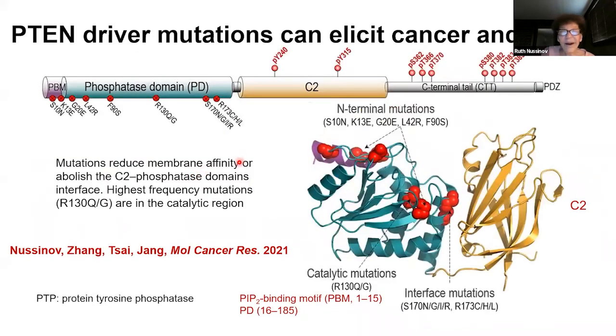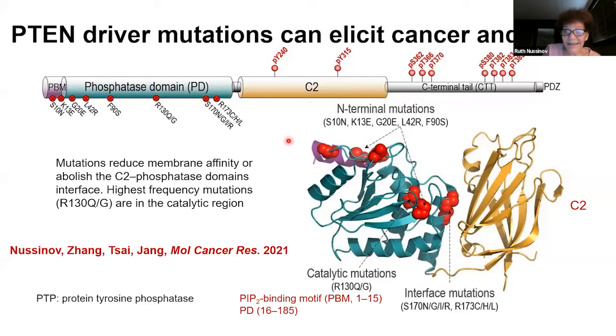And here now we looked at driver mutations of PTEN, and interestingly, PTEN and other proteins in these pathways as well can elicit both cancer and neurodevelopmental disorders.